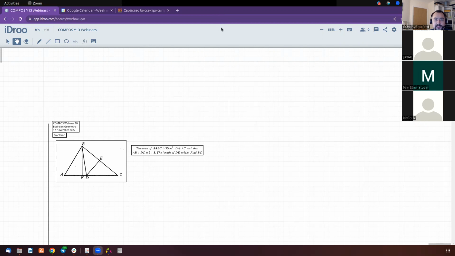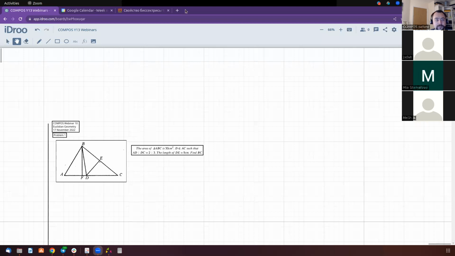It says my screen share is loading. Oh, so you do see my screen. Okay, that's good. I'll restart it just in case. Is there a link to the whiteboard? There is.